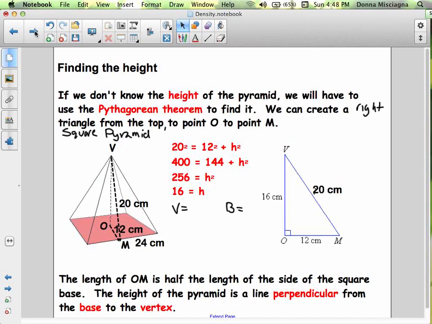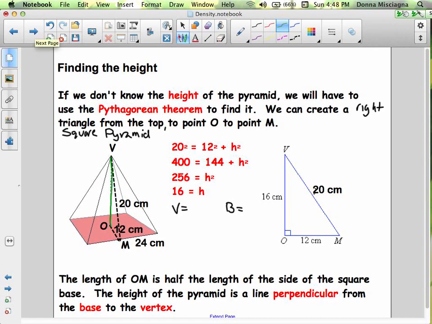So if we don't know the height of the pyramid, sometimes we're not given the height of the pyramid, we will have to use the Pythagorean theorem to find it. We can create a right triangle from the top to point O to point N. So the height is always perpendicular to the base.